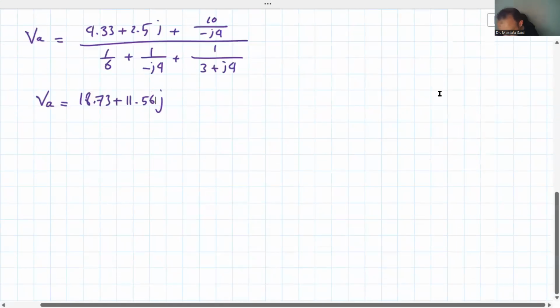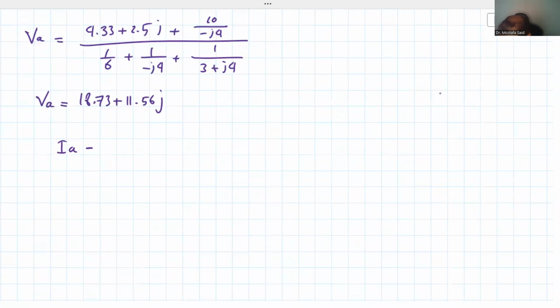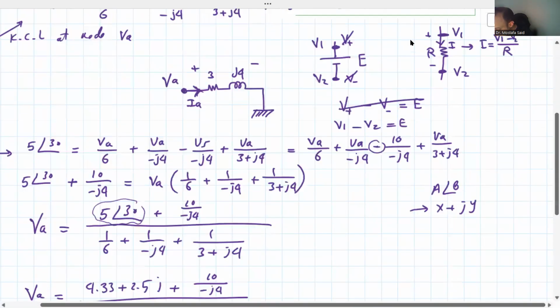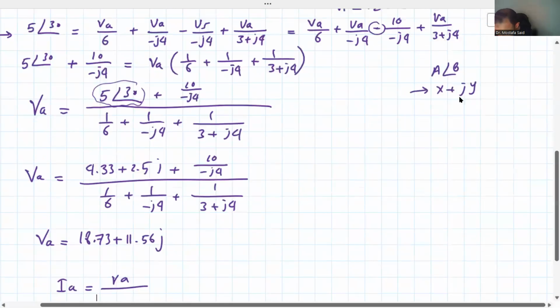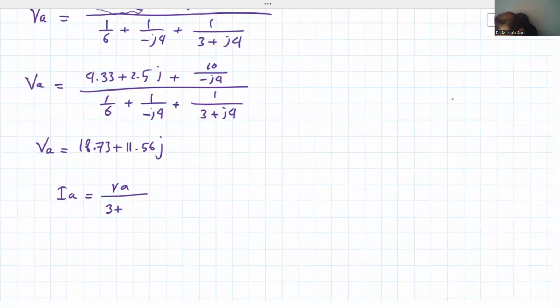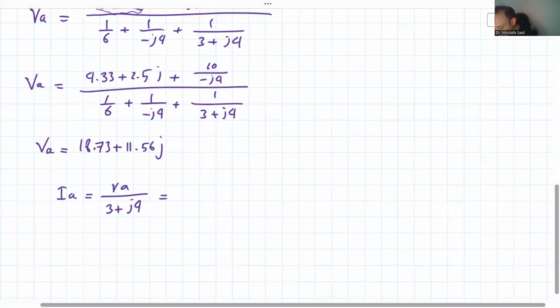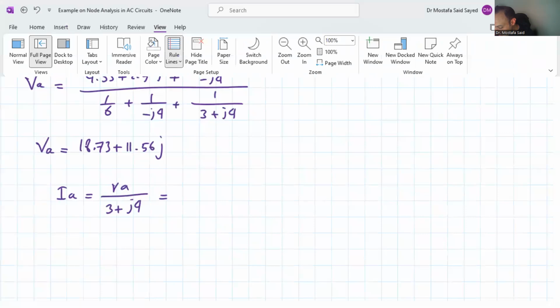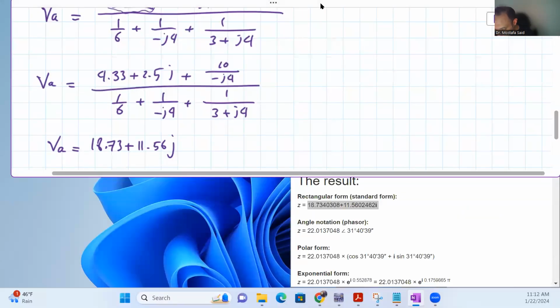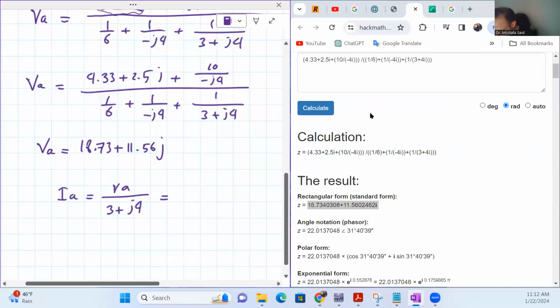So IA is equal to VA over the whole impedance of that branch, which is 3 plus j4. Very easy again. What you do, you just copy and paste.